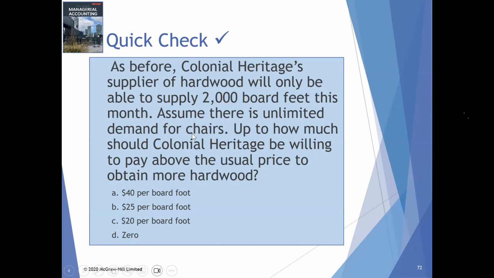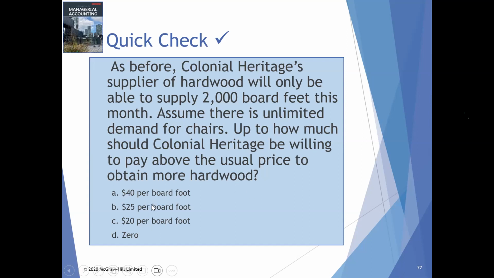Now the scenario changes. The chair demand is too much, unlimited demand. The products you are manufacturing, right away you will be able to sell them. Up to how much should Colonial Heritage be willing to pay above the usual price to obtain more hardwood?